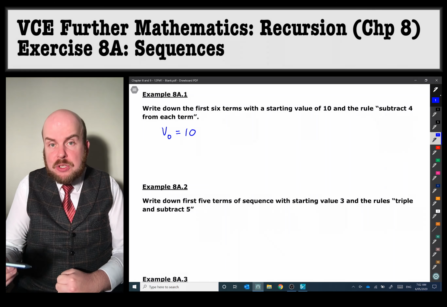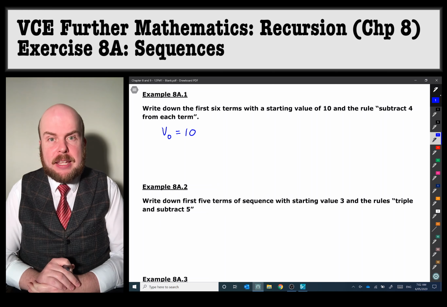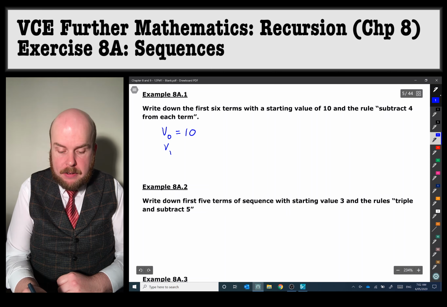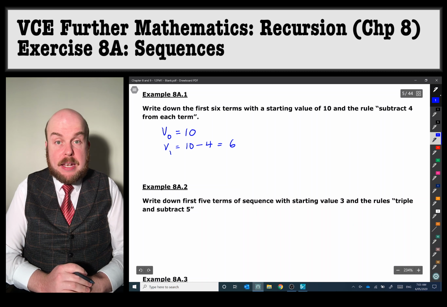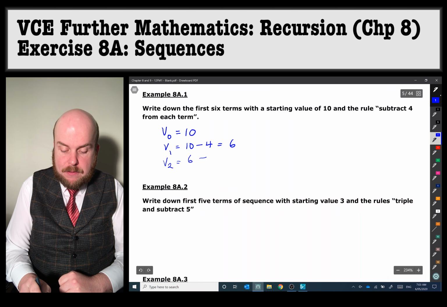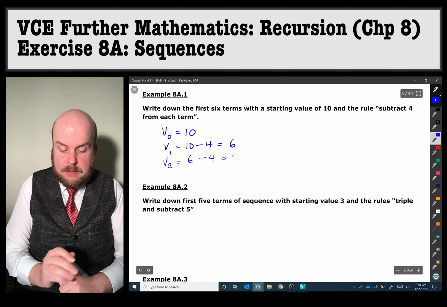If the initial is V0, the next one along will be V1, which will be 10 take away 4, which is equal to 6. And then the next term, V2, will be 6 take away 4, which is equal to 2.